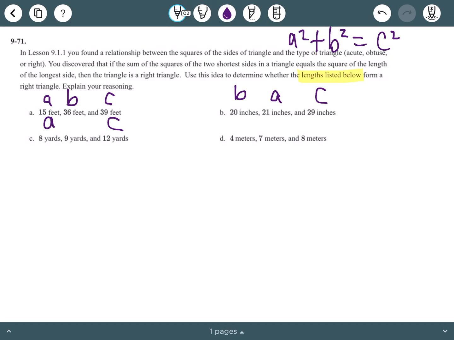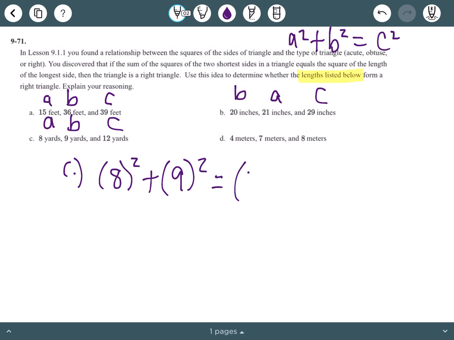The other two are the legs, A and B. It doesn't matter which one is labeled A and which one is labeled B. So let's just go back to A, B, C. Let's plug it into our a squared plus b squared equals c squared formula. That's that Pythagorean theorem. So we're going to do 8 squared plus 9 squared equals c squared, and my c is 12.